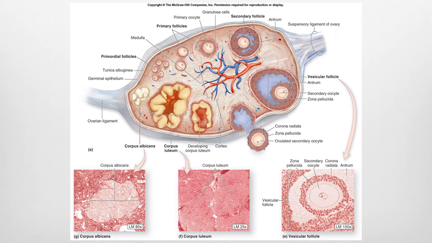So all throughout the ovary itself, we're going to have these different oocytes in different stages of development themselves. And during the process of maturation, typically a single oocyte will be ovulated as the cycle goes through its ovulation.